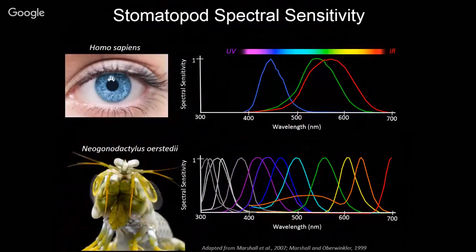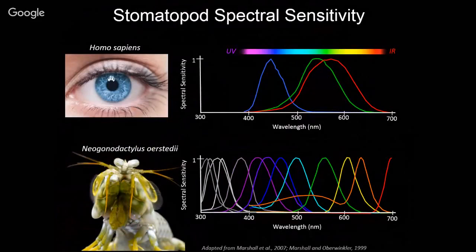Stomatopods have 16 different receptor types. So the question in the field of understanding stomatopod visual systems is, what in the world are stomatopods seeing? I mean, if you calculate out what we see with 3 receptors, what stomatopods might see with 16, it's something you can't comprehend.